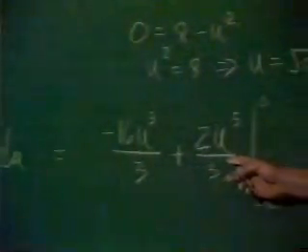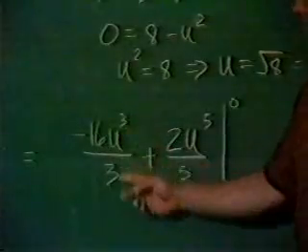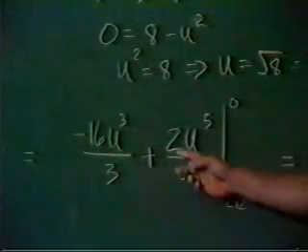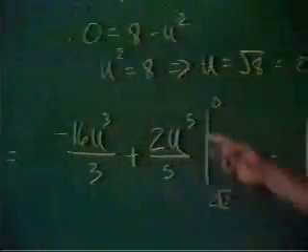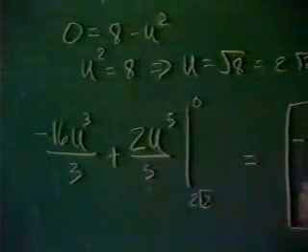Finding the antiderivative, a term at a time, minus 16u to the third over 3 plus 2u to the fifth over 5. The limits are 2 times the square root of 2 to 0.